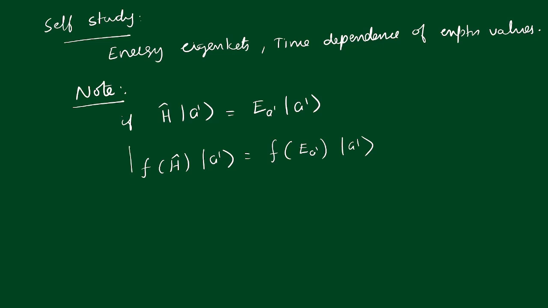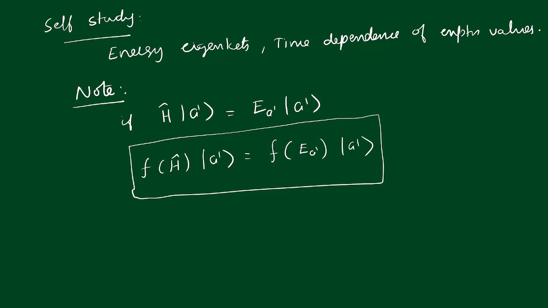This relation holds. For example, if you have e raised to minus i H t by h cross acting on ket A, this is the eigenvector of the Hamiltonian with eigenvalue E A prime, so you can write this as e raised to minus i E A prime t divided by h cross.